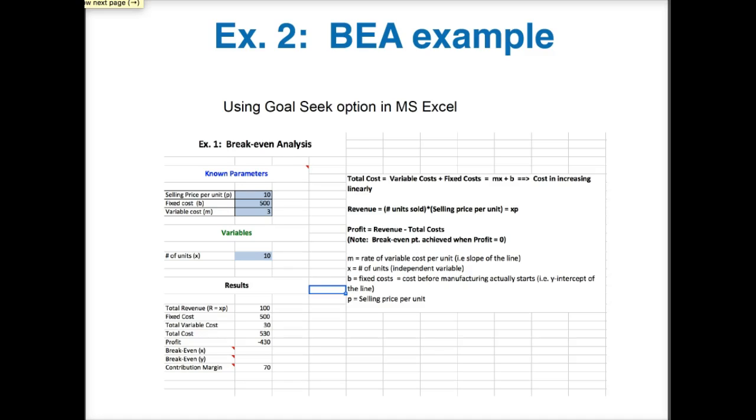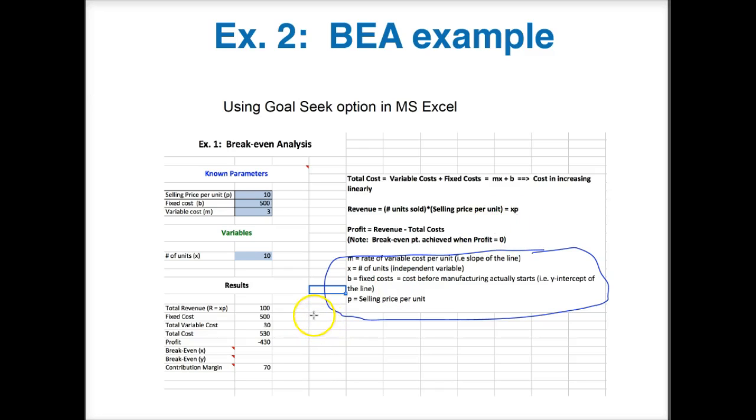All right, so this same example could be expressed another way, and all I've done here is get a little bit more descriptive on what total cost is in terms of variable cost and fixed cost. I've also talked about revenue, we know profit, and I defined what each of my variables are here: the M, the X, the B, as well as the P, or the price.